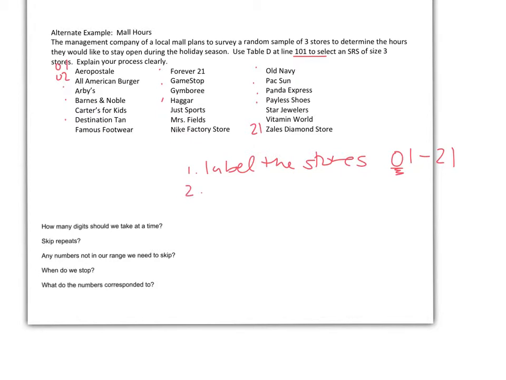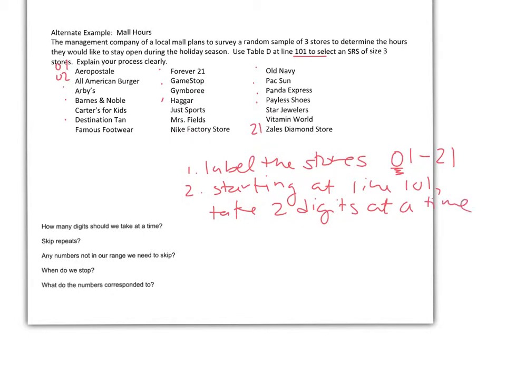Then I'm going to go to the table, starting at line 101, and take 2 digits at a time. I'm going to skip repeats because I don't want the same store twice, and 00 because that's not one of my stores, and 22 to 99, because I could get those.